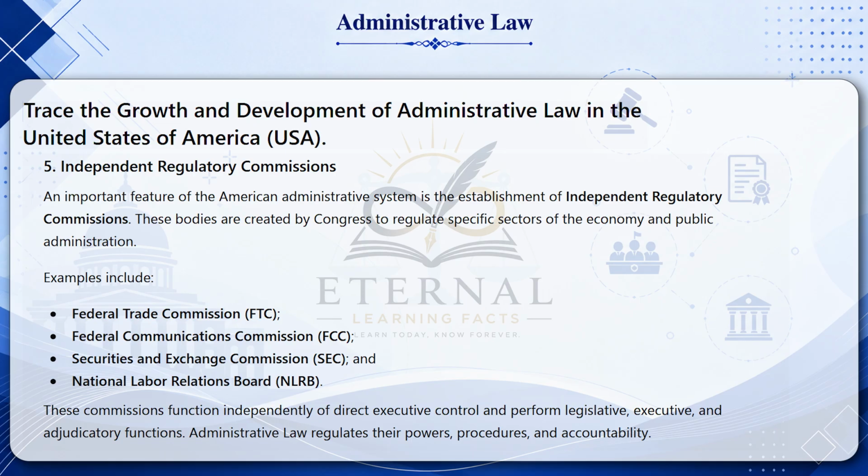For example, Federal Trade Commission (FTC), Federal Communications Commission (FCC), Securities and Exchange Commission (SEC), and National Labor Relations Board (NLRB). These commissions function independently of direct executive control and perform legislative, executive, and adjudicatory functions. Administrative law regulates their powers, procedures, and accountability.